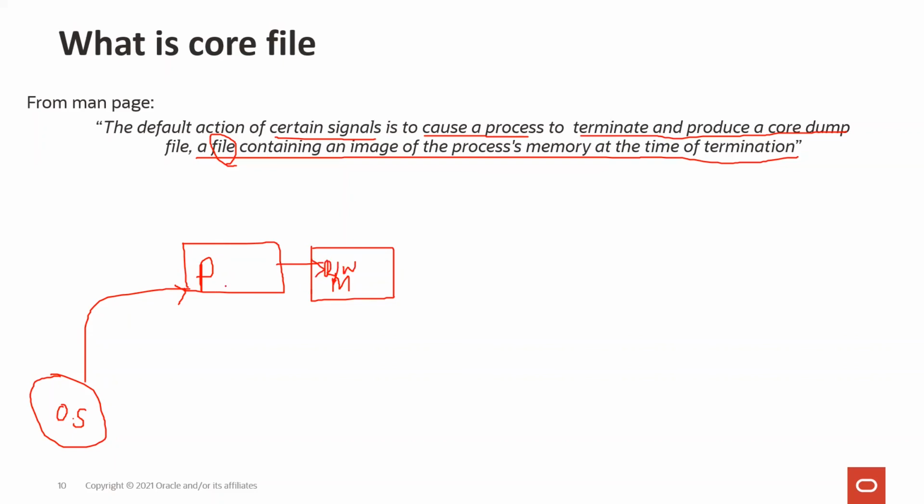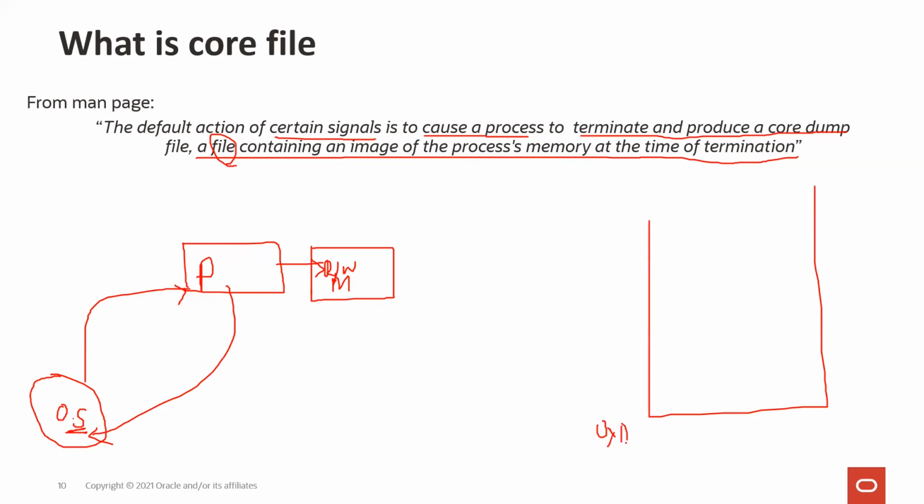Now the process is trying to modify some chunk of memory in the operating system part. For example, if you have memory starting with 0, sorry, my handwriting will be like this because I'm using a mouse.